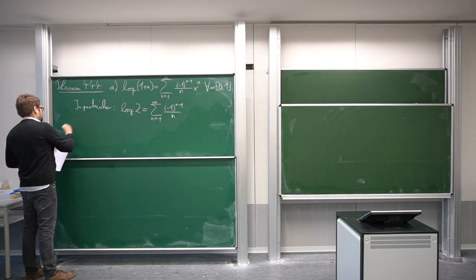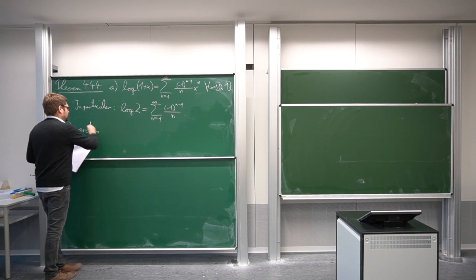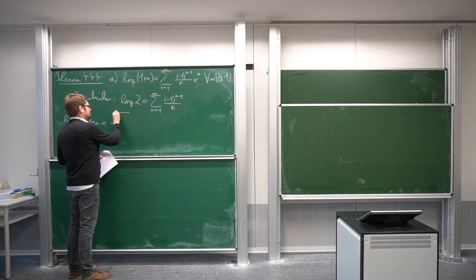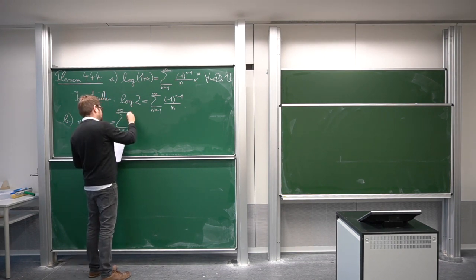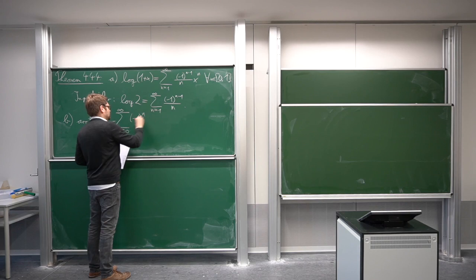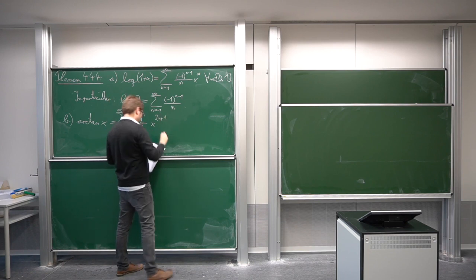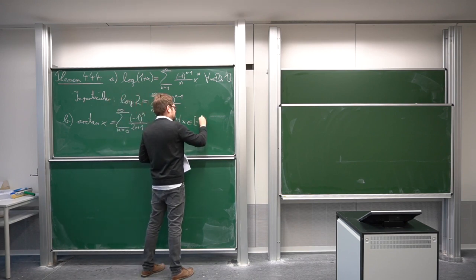Okay, secondly, we get the same for the arctan. We also get the representation as a series, also as a limit of the polynomials. This is the same as the sum from 0 to infinity of (minus 1) to the n, divided by 2n plus 1, times x to the 2n plus 1. And this time this holds for all x between minus 1 and 1.